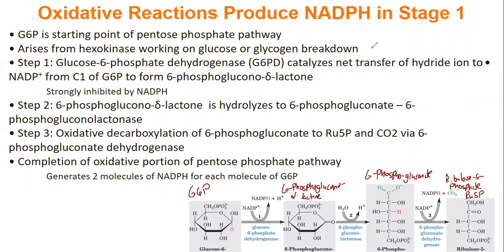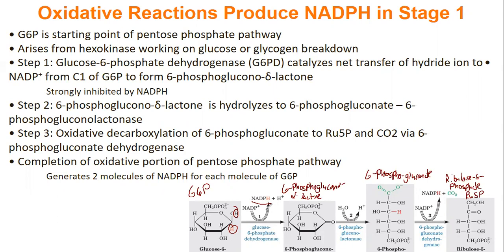So the first step of this pathway is to take this glucose 6-phosphate and make it into a lactone. And when doing this, we make NADPH. All right. So what's going on here is that we're taking 2 hydrogens from glucose 6-phosphate, so this hydrogen and this hydrogen, and we're using that to make NADPH. I mentioned this on Tuesday, but these 3 arrows are just showing you this is not reversible.